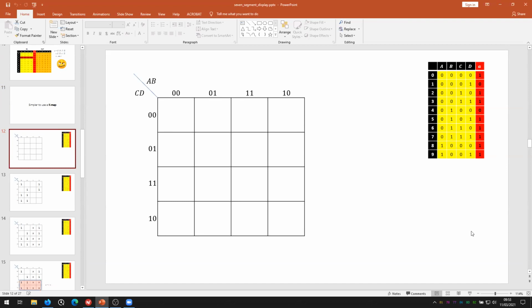Nowadays, I suppose K-maps aren't used that much because we have computers to simplify these Boolean expressions for us. But obviously, the person who was building the first computer didn't have a computer to help them build the computer. So at some point, K-maps were necessary, or helpful at least.